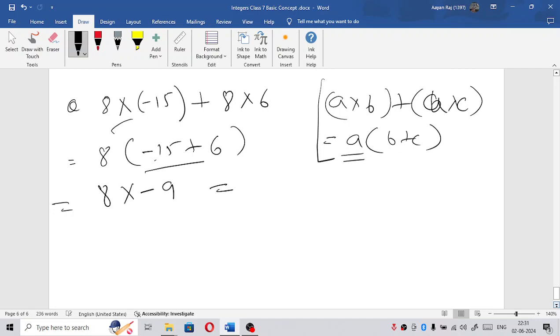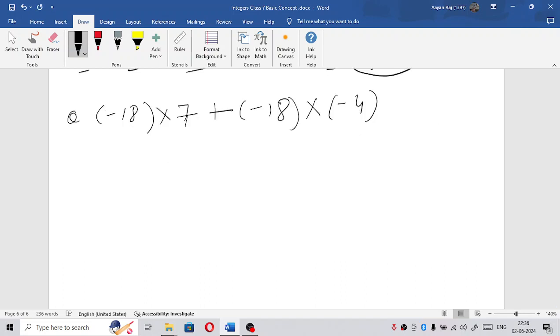So your answer, you have to put the sign of negative, minus, and 8 nines are 72. So your answer for this question would be minus 72. Here we have applied the distributive property of multiplication. You can solve directly, but applying the distributive property makes the calculation easier.